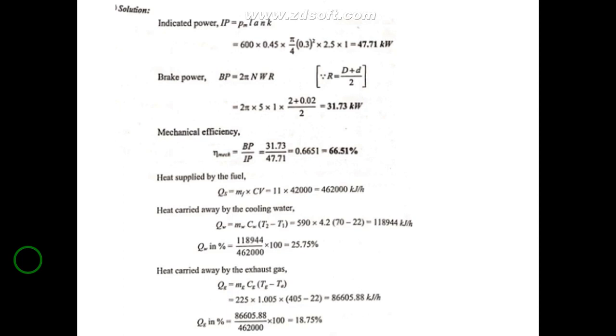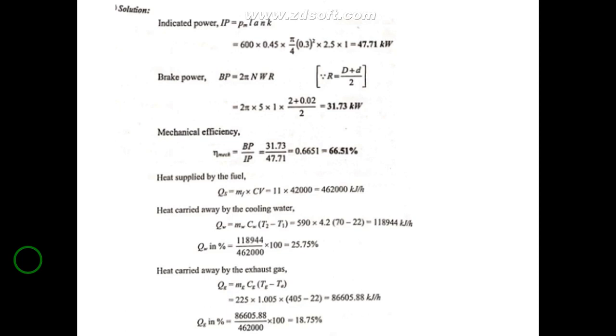If we reduce the exhaust gases or cooling water losses, our mechanical efficiency will be increased.